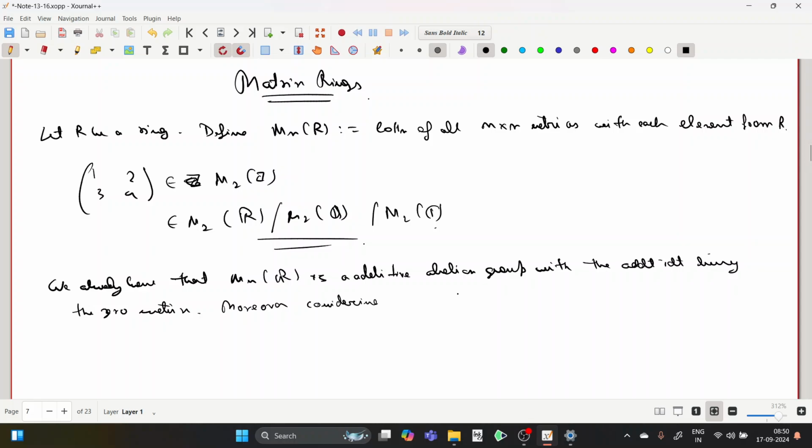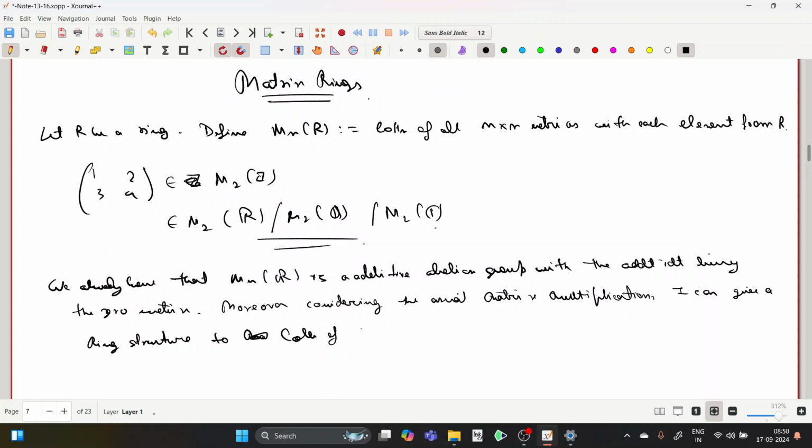considering the usual matrix multiplication, I can give a ring structure to the collection of matrices, to M_n(R), as well, right?